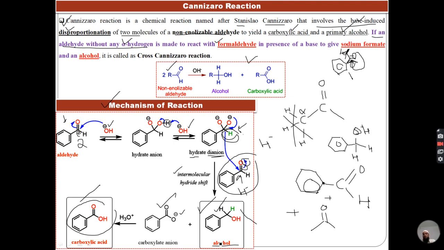So two non-enolizable aldehydes or two aldehydes which do not contain alpha hydrogen, they disproportionate, that is they undergo self-oxidation, self-reduction in presence of base to give a carboxylic acid and to give an alcohol. So this is your Cannizzaro reaction. तो ये आपकी Cannizzaro reaction होगी.